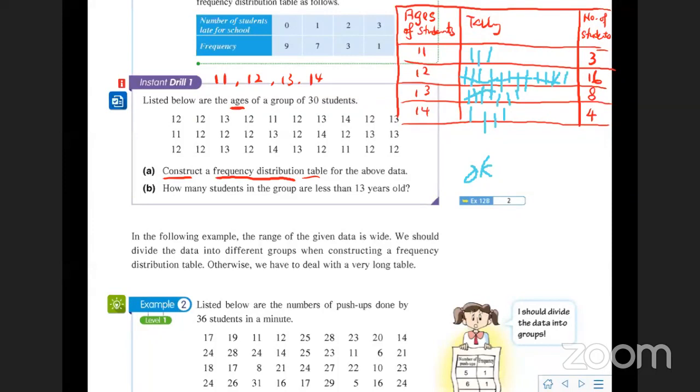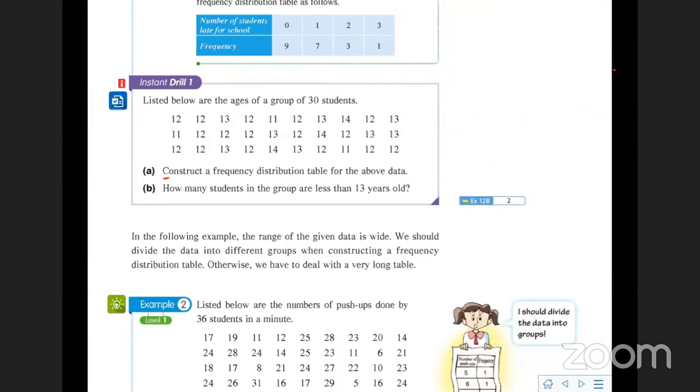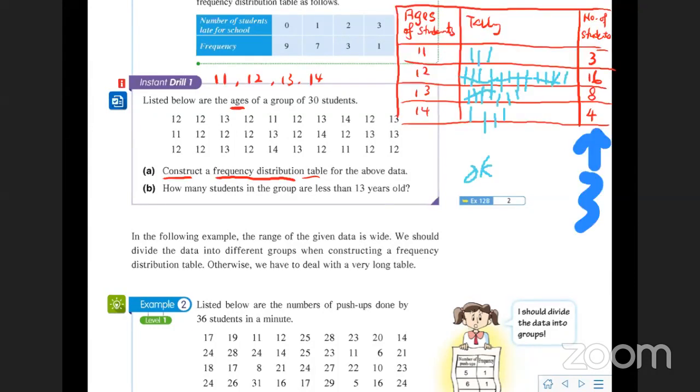It seems not quite. This one should be 3. 1, 2. Okay, 3.